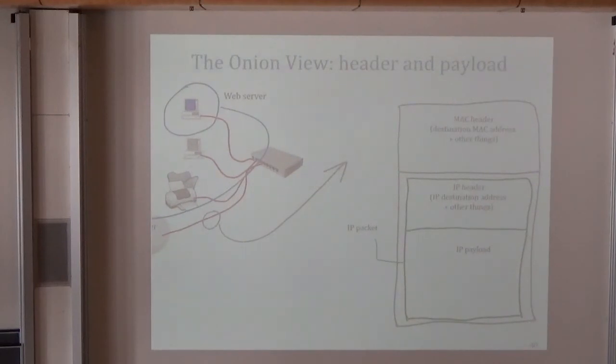The useful part of the MAC frame is called the MAC payload, and it contains an IP packet. The IP packet itself has an IP header and an IP payload. The IP payload, if we're using TCP, will contain a TCP segment that has a TCP header and a TCP payload.